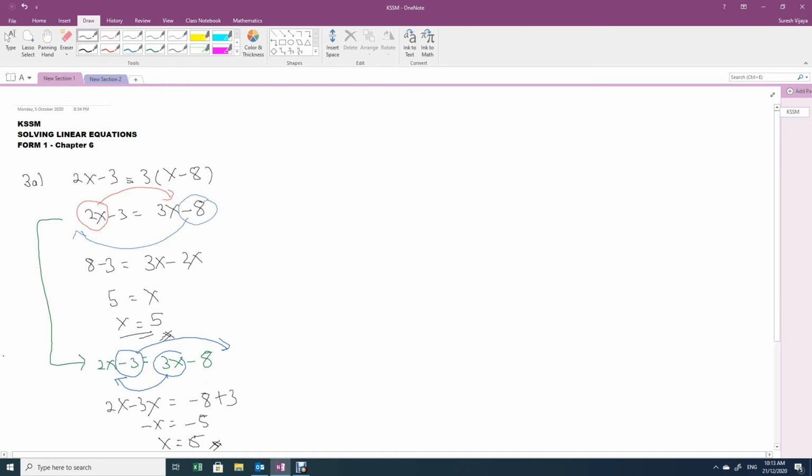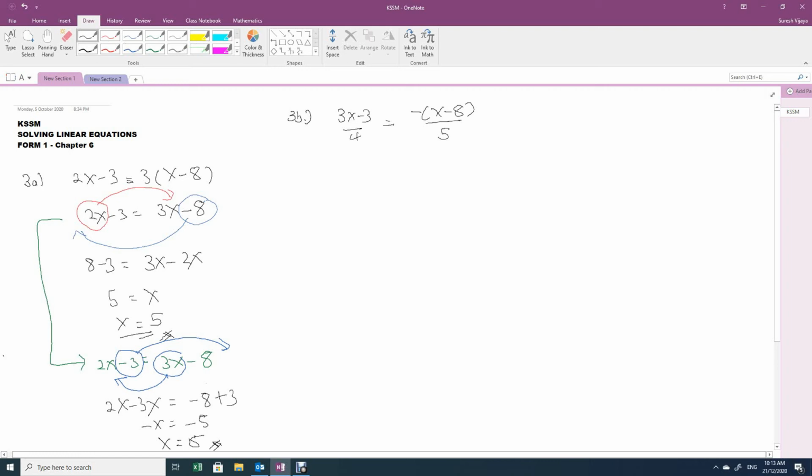Let me show you another more advanced question for this. Let's say we have a 3b. Let's say the question is as such: 3x minus 3 divided by 4 equals to negative x minus 8 divided by 5.